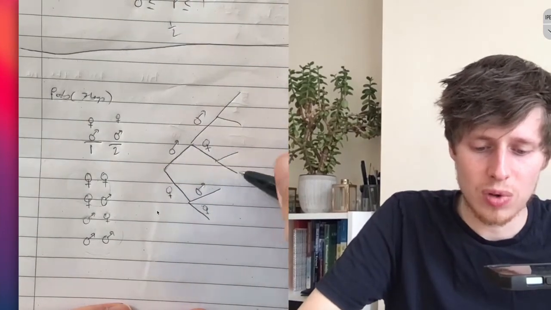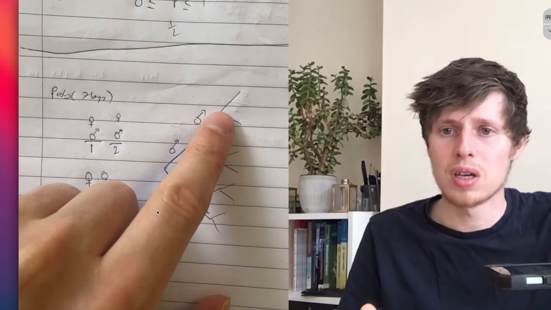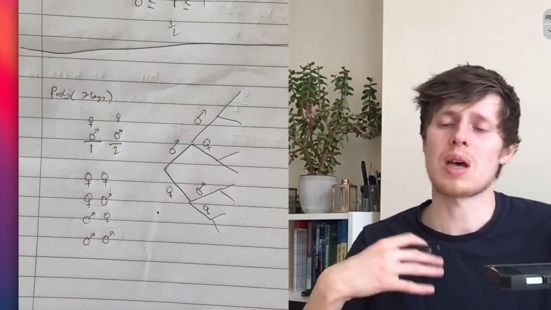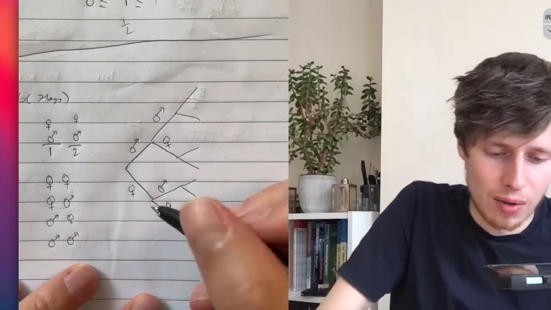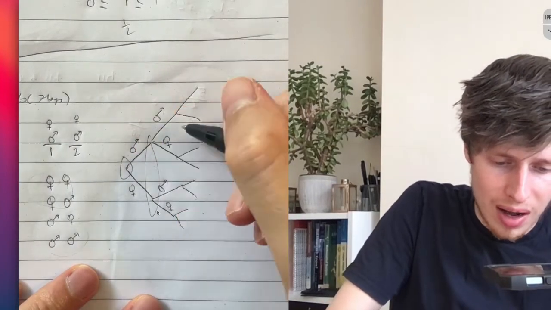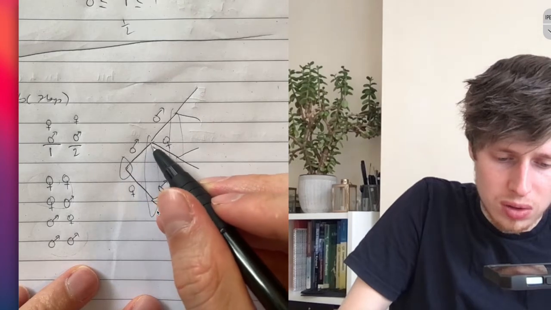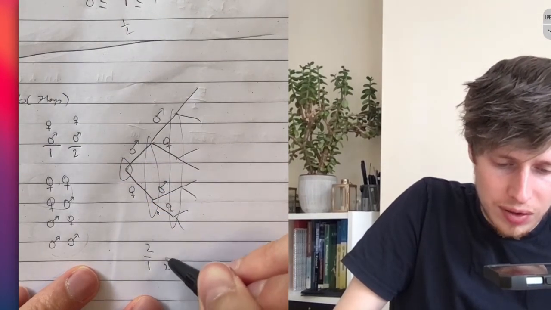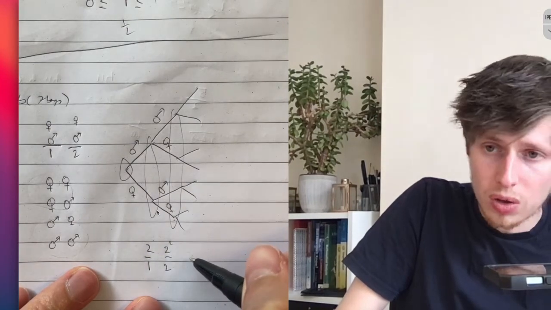So each time you're looking at one of these branches, each thing that could have happened, you have 2 more results that could follow after that, corresponding to what is happening with the next child. Now, if you think about how many different nodes there are at each stage, after the first child you have 2. After the second child, you have 1, 2, 3, 4, or 2 to the power of 2.